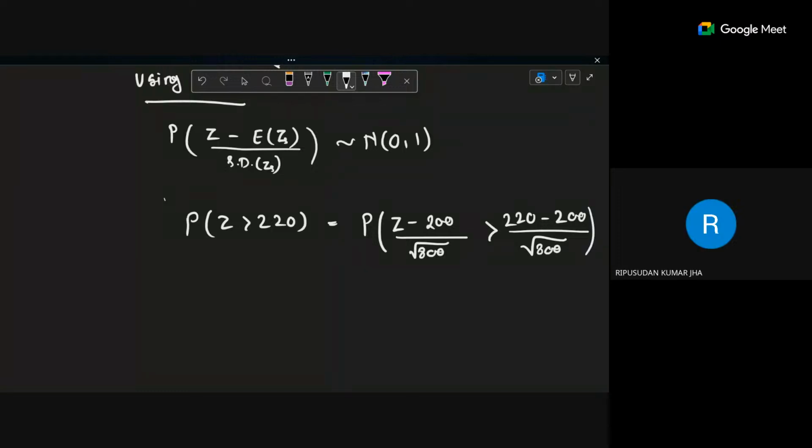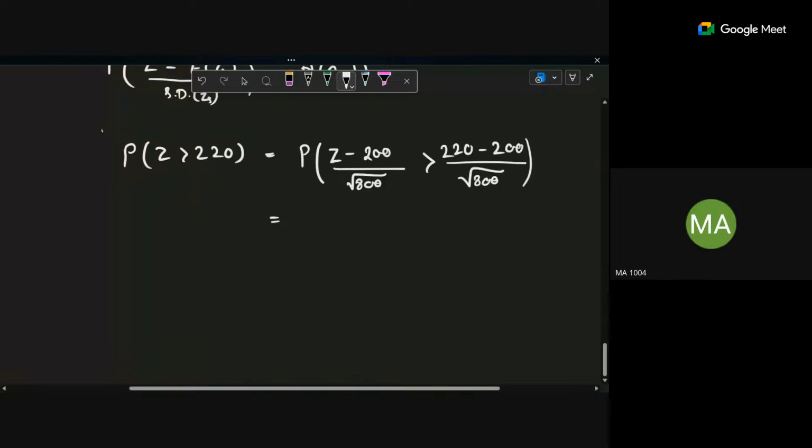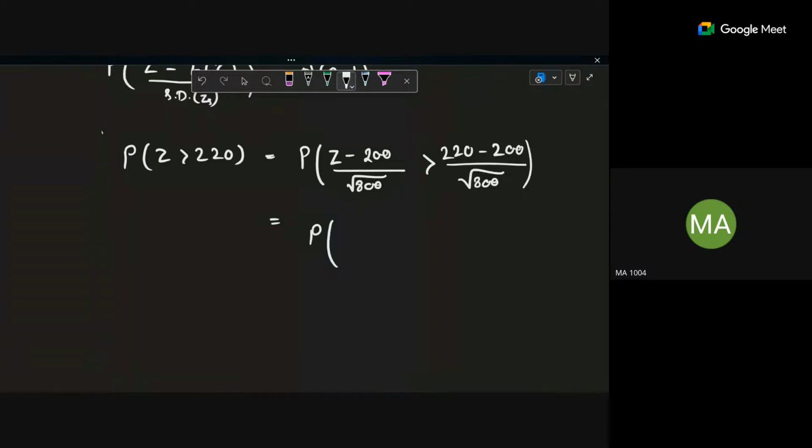This follows a normal distribution with mean 0 and variance 1, so we have z minus 200 by square root 800 greater than 20 by square root 800, which is 20 by 28.28.